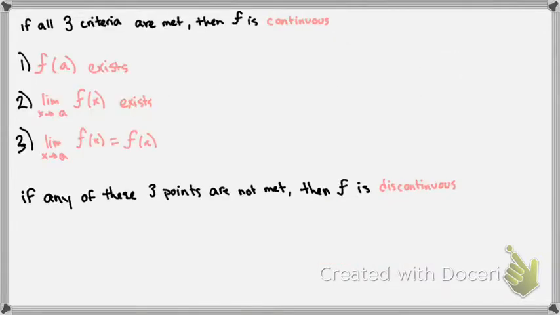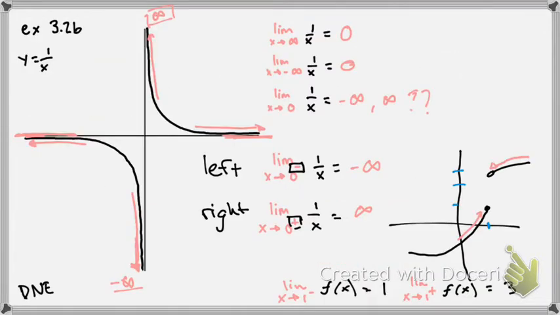So kind of like what we were talking about earlier. So in this case, the limit as x approaches 0 technically does not exist because it does not approach the same point from both sides, right? Because it approaches negative infinity and infinity.